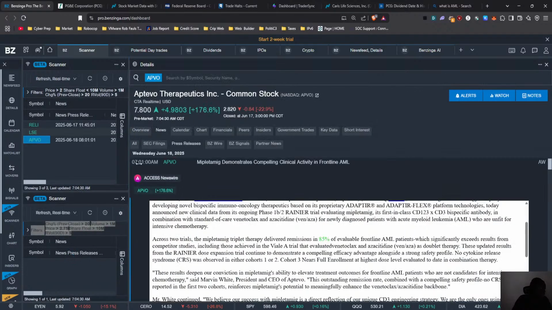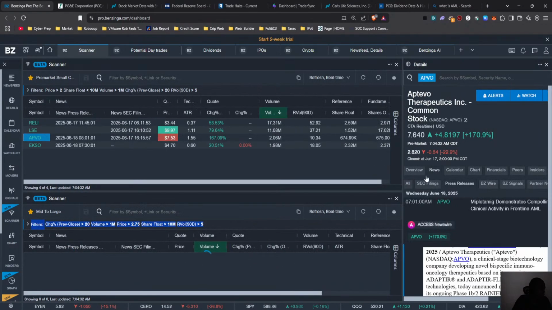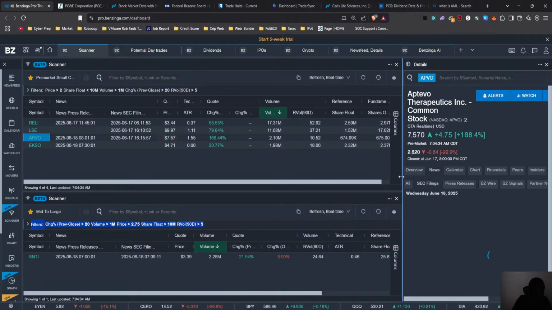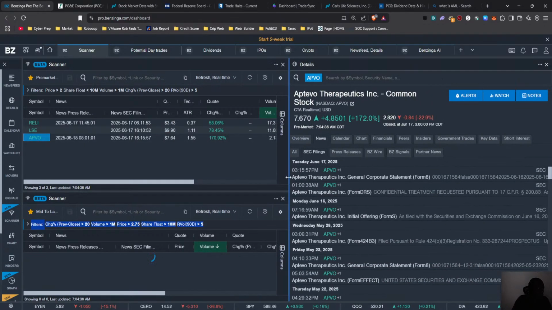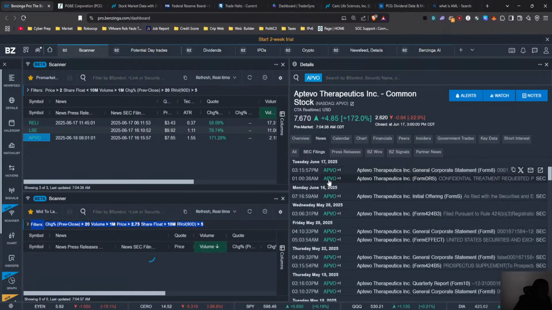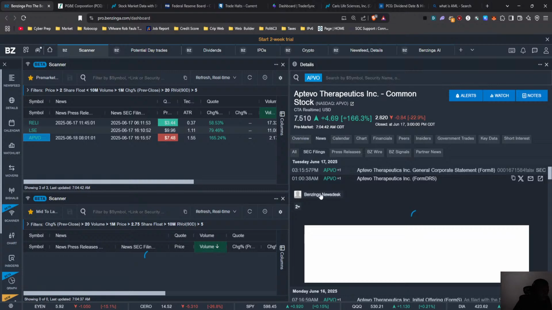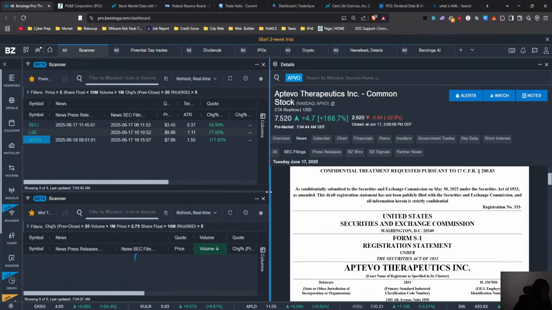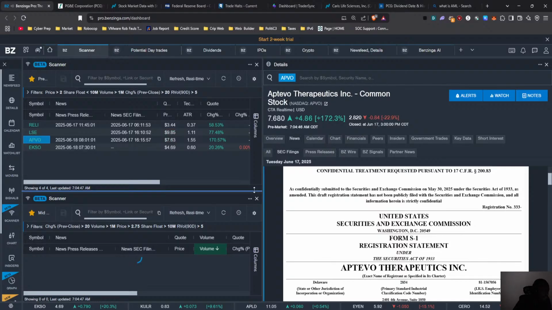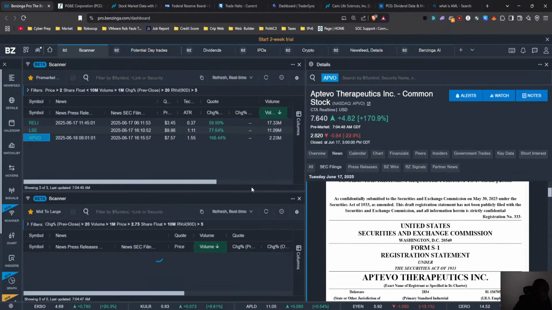It also has SEC filing. Let me see. What's the SEC filing here? Confidential treatment. This SEC filing was from yesterday though. So that's old.